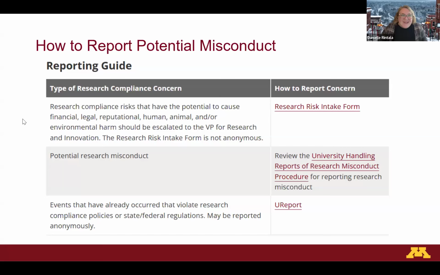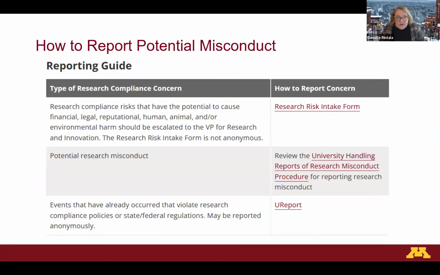And so, okay. So the reporting guide kind of focuses on a couple different areas. So the first is we have a research risk intake form for general research risks that we think need to be escalated, and it gives me the information necessary to take it to the VP for research. This is not anonymous. It's just a situation that you feel like you want to report. So don't use it if you want anonymity.